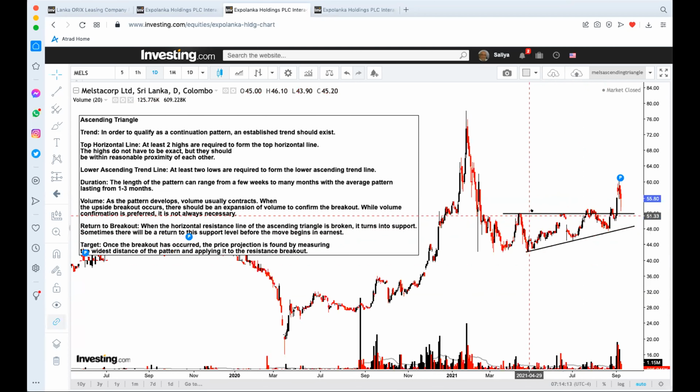Now remember, an ascending triangle is a continuation pattern, meaning if you have identified an uptrend, a perfect ascending triangle is a pause and will resume once that pause is over. Those pauses are called consolidations, as we have been describing.